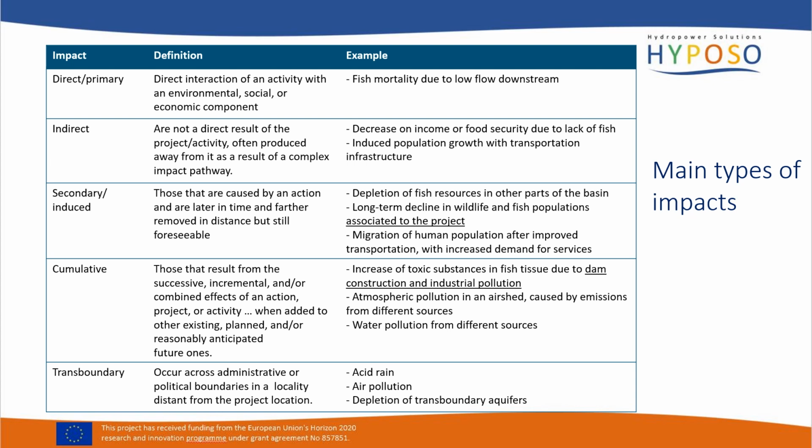So cumulative effects, that's a term that I want to emphasize because we will discuss it later, are those effects that result from the interaction of the impacts of the project when those impacts add to the impacts that other activities or other projects in the area are having.